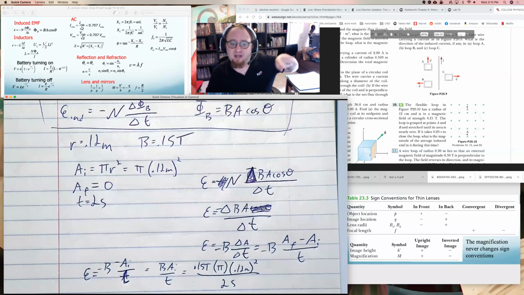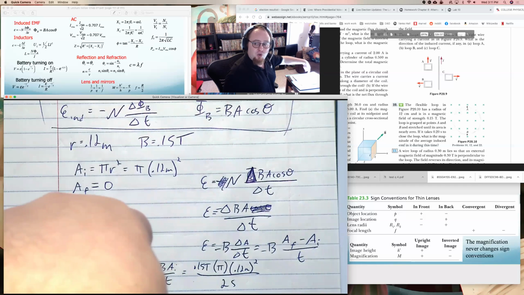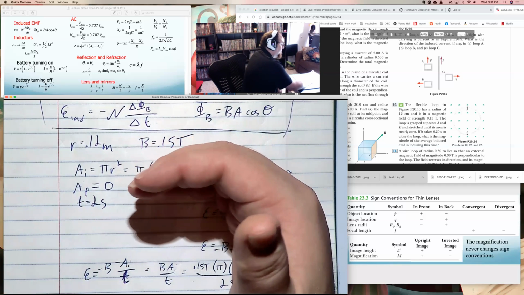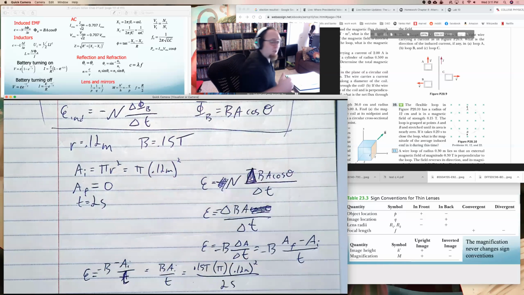If the magnetic field is into the page, it's going to induce a magnetic field out, because it's into the page and getting smaller. At least the magnetic field isn't getting smaller, but the flux is getting smaller. And if the flux is getting smaller, we want to make it bigger again. So if it's decreasing into the page, we want one going out of the page to go against it. And using the right-hand rule, that means that current would be counterclockwise when this gets stretched.